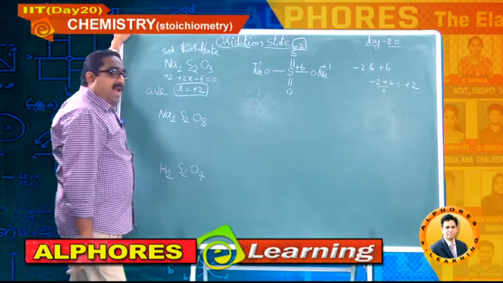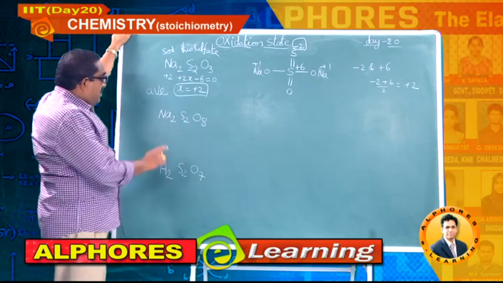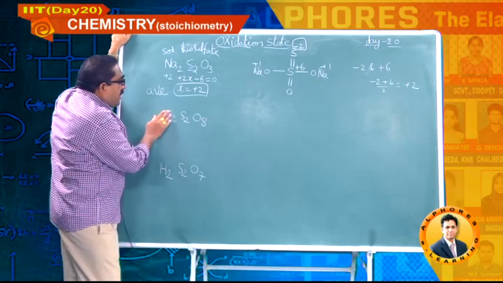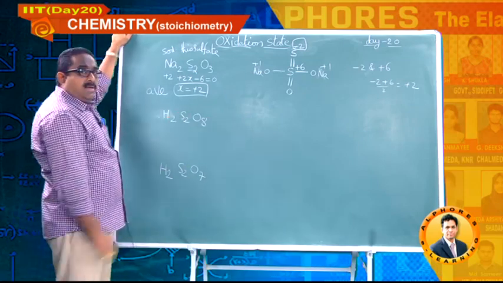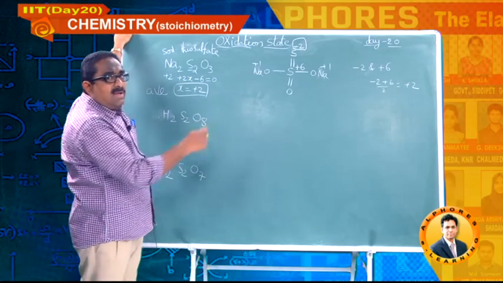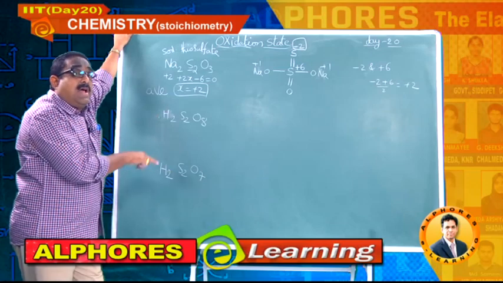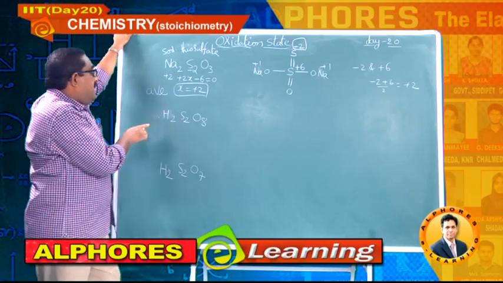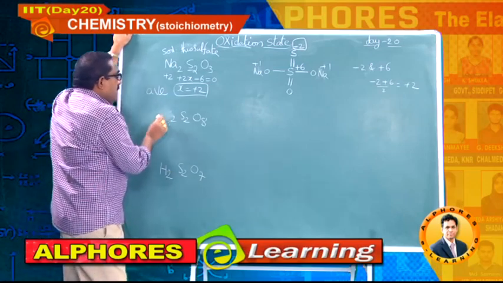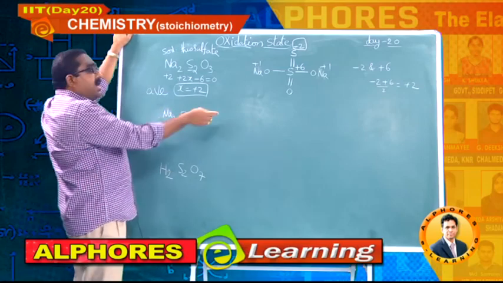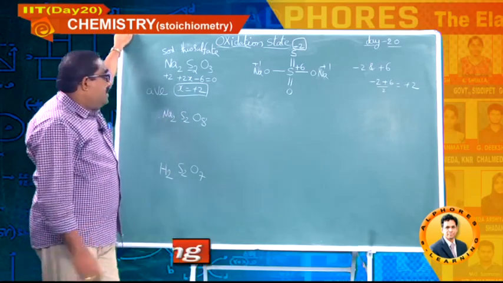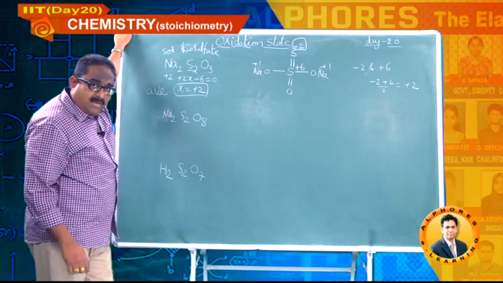Sodium peroxodisulfate it is. Instead of sodium, if I write hydrogen, it is peroxodisulfuric acid, which we discussed in the previous session as the example of the peroxy bond. Instead of hydrogen you can write sodium, and it becomes a salt of that acid, sodium peroxodisulfate.